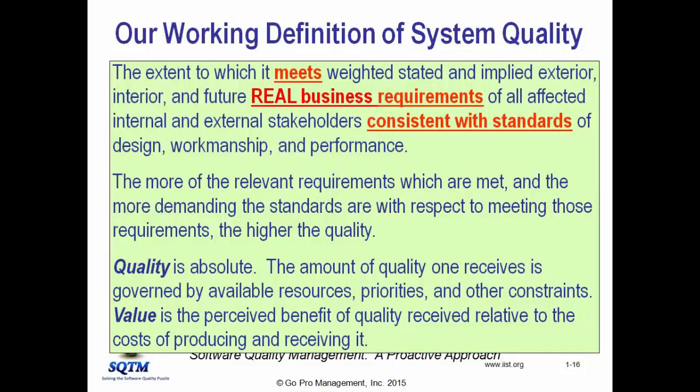So hopefully these definitions are understandable, and hopefully you can see the benefit of defining quality in this way and relating it to value, and seeing that quality is an engineering and a measurable engineering concept, and that what varies is how much quality you actually receive, not how much quality there is or could be.